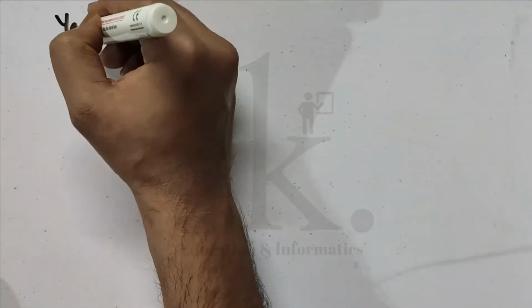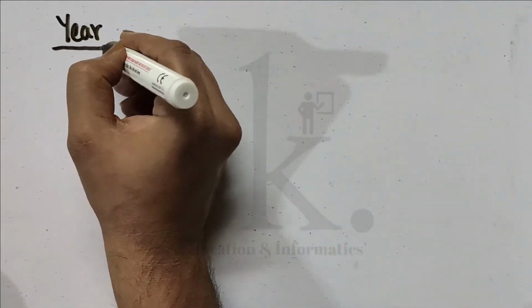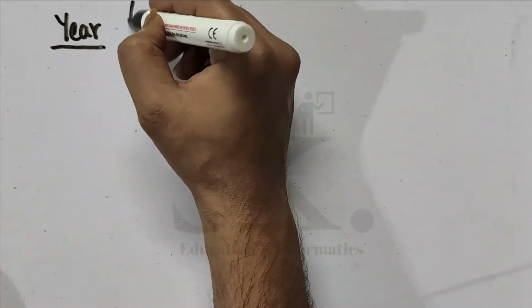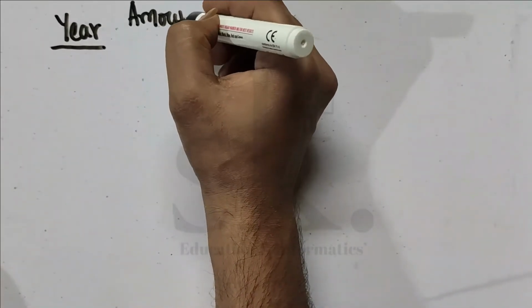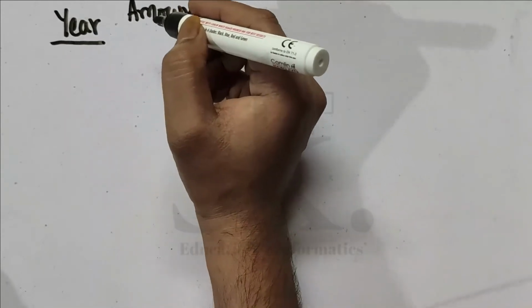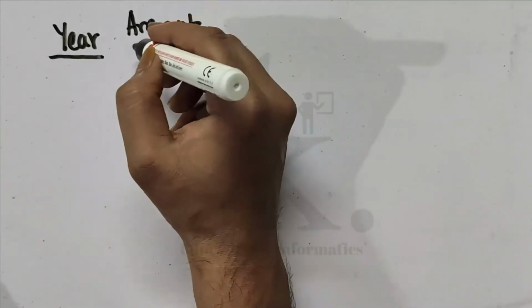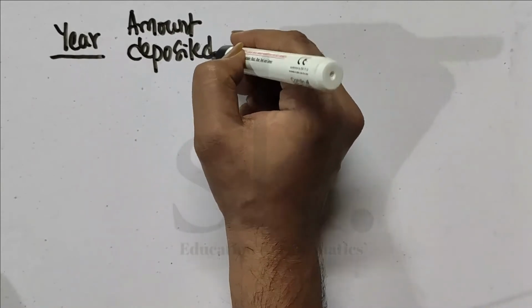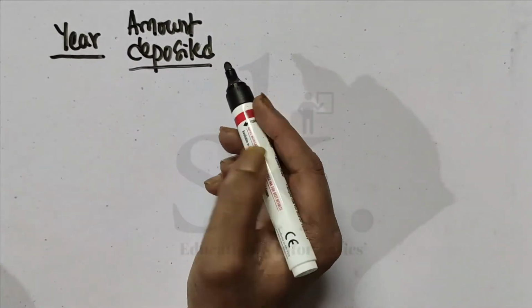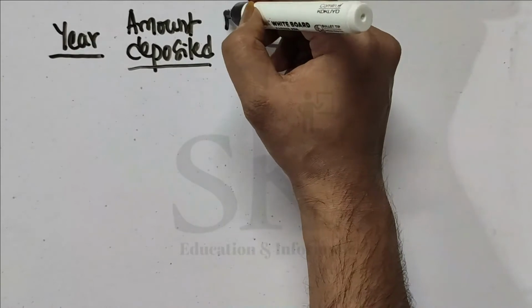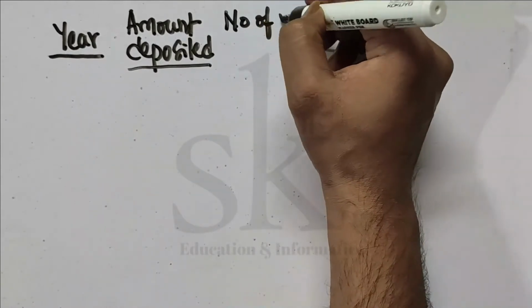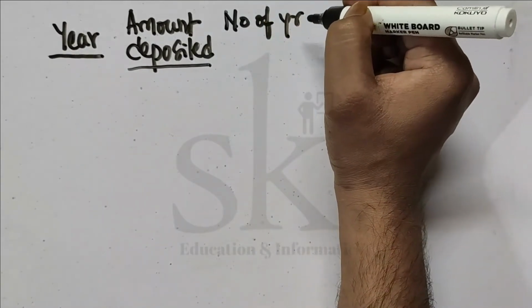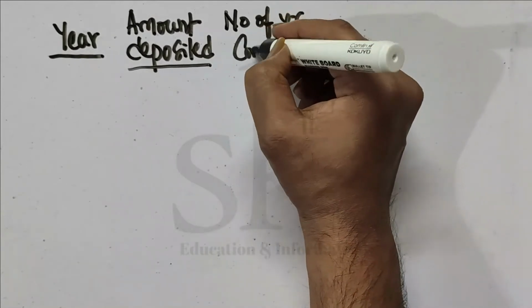So you are aware of the number of columns which we have. So first column is year. Then we have amount deposited. Next we have number of years compounding.